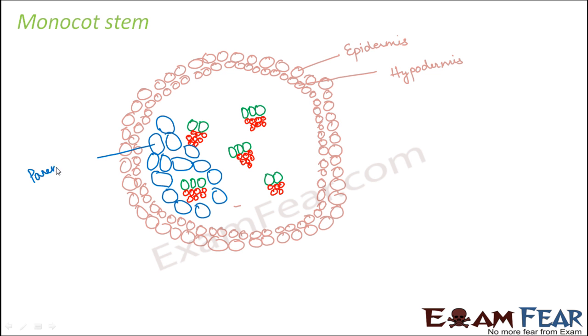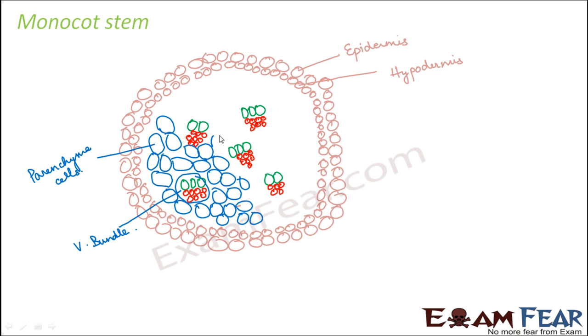Right? So these are the parenchyma cells. And this entire thing is the vascular bundle, which consists of the xylem and the phloem. Right? So this is how the structure of a monocot stem looks like.